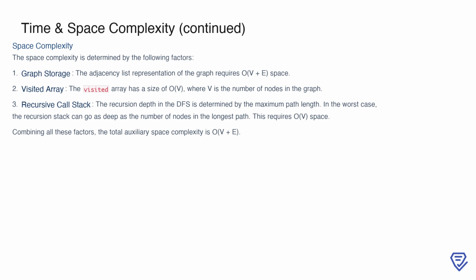This array has a size of V, since there is one entry for each node. Additionally, the recursive DFS calls require space in the call stack. The depth of this recursion is determined by the length of the longest path in the graph. In the worst case, this depth can go up to the number of nodes, requiring V space on the recursion stack. When we combine these factors, the total auxiliary space complexity amounts to V plus E.